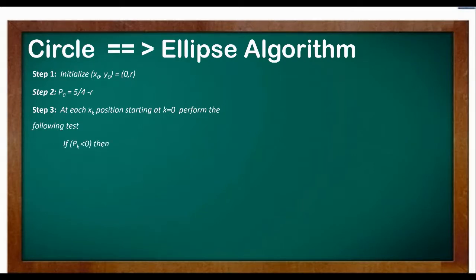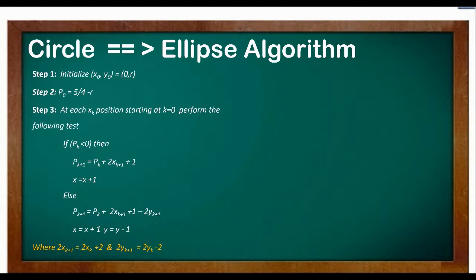If pk is less than 0, then pk plus 1 is equal to pk plus 2xk plus 1, and we plot x is equal to x plus 1, else pk plus 1 is equal to pk plus 2xk plus 1 minus 2yk plus 1, and we increment x by 1 and decrement y by 1. So let us see how to rewrite the circle algorithm into our ellipse algorithm.